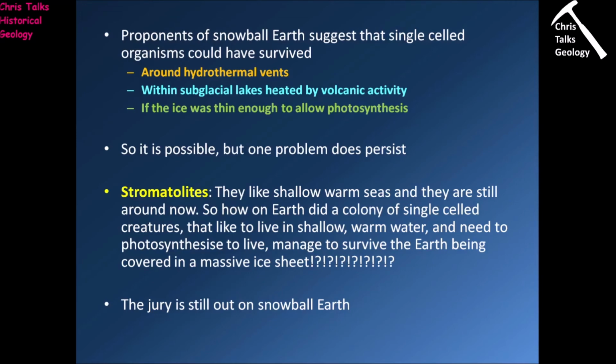So the jury is still out on snowball Earth. There is some evidence which would suggest that yes, there is the possibility of these large glacial events, but at the same time that evidence is a little bit difficult to date, and there are possible issues as to how life managed to make it through this massive global freezing event.